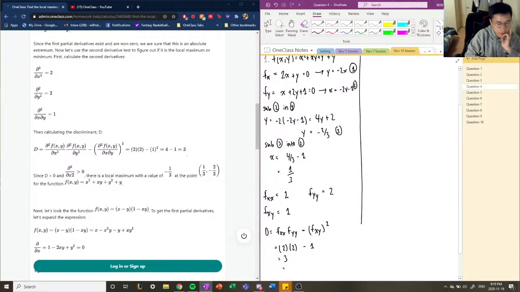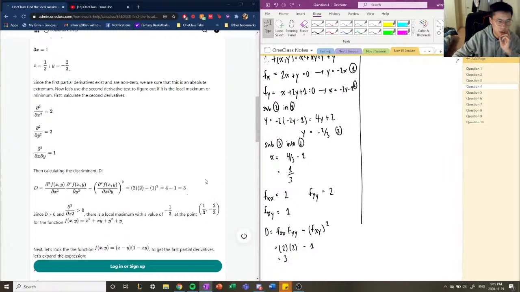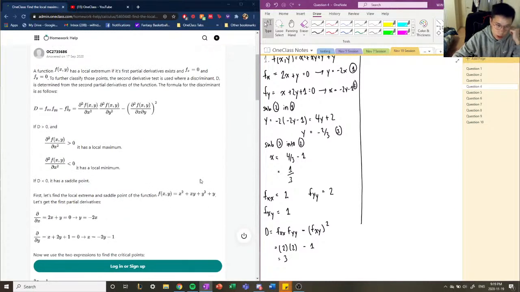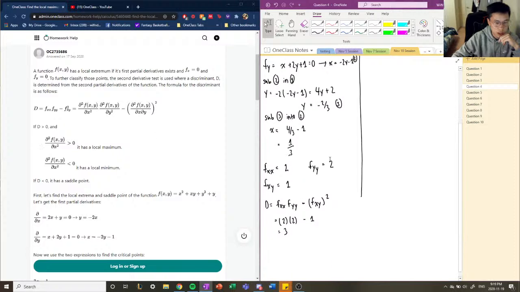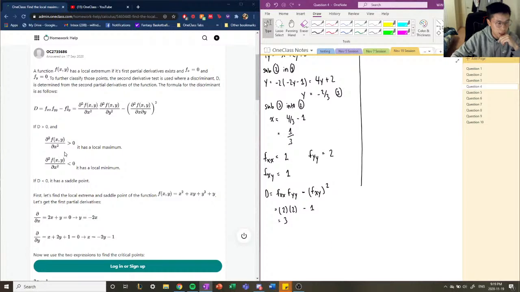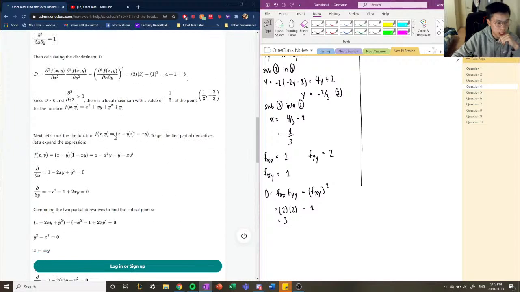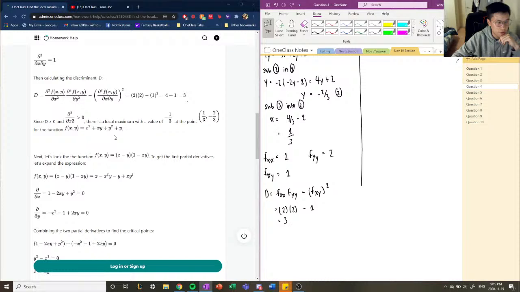Okay, so what does this mean now? Going back to what the junior tutor wrote, our discriminant is greater than 0, it's positive. And our double partial derivative of x, in fact all the double partial derivatives, are positive. So we have classified that our point 1 over 3 and negative 2 over 3 is a local maximum.